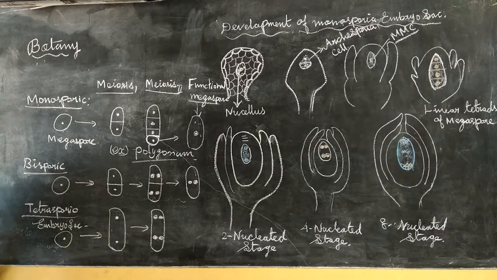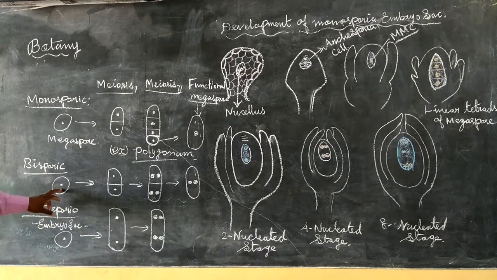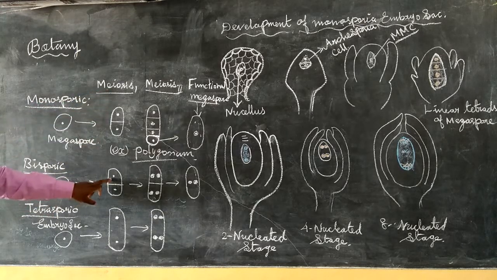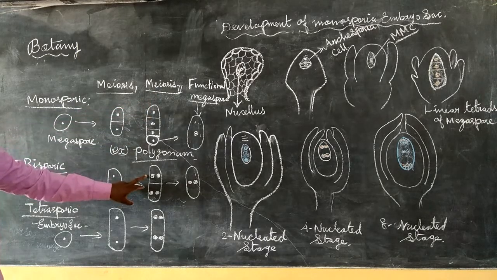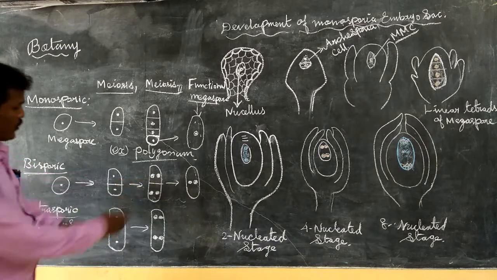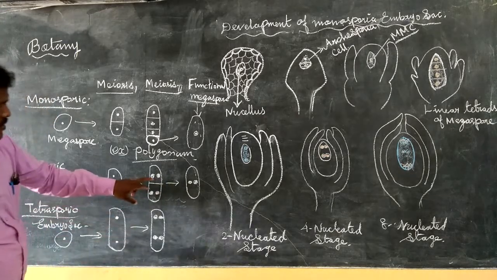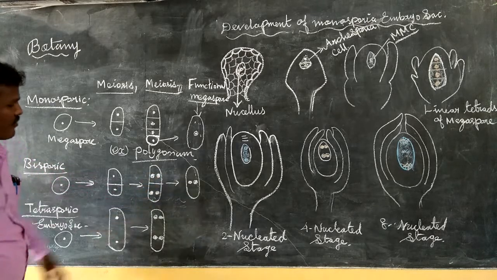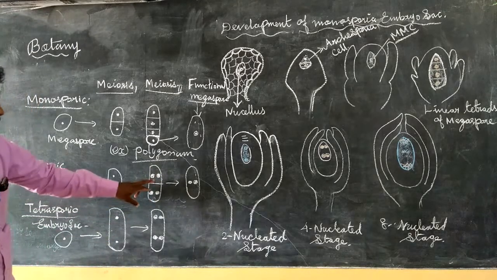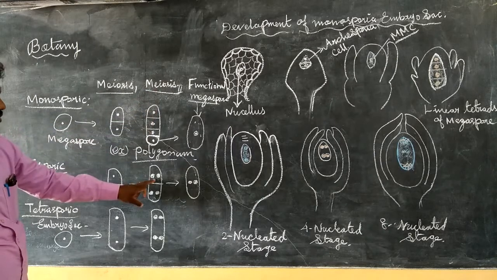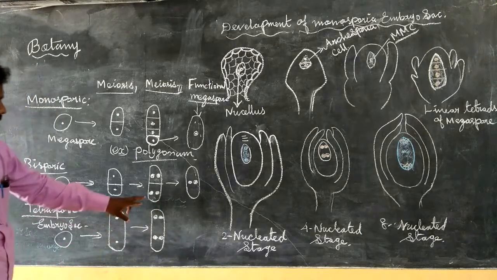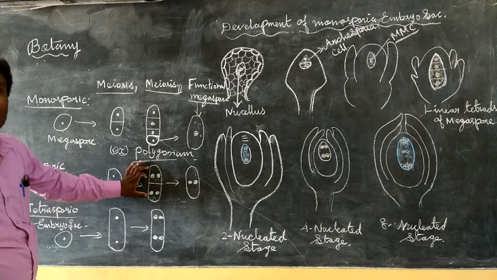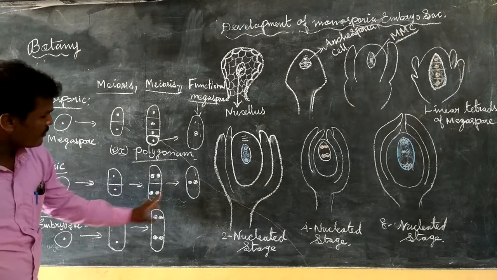Next one, bisporic embryo sac. This is a megaspore mother cell. It undergoes meiotic division 1 to form 2 cells. Then in meiotic division 2, again it divides to form 4 haploid cells, but without a cell plate. Without forming the cell plate, it forms 4 haploid megaspores.